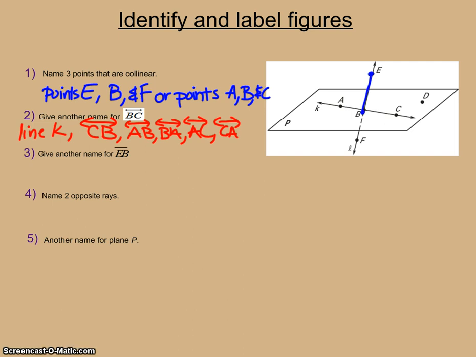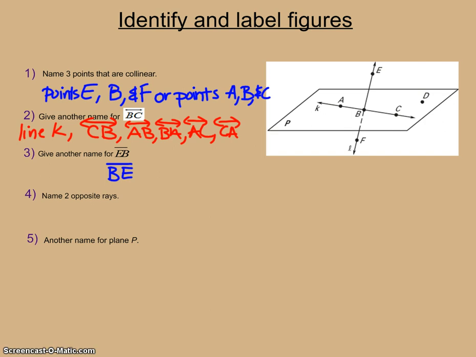It doesn't go on infinitely long. It stops at those. So the only way to rename that line segment is to flip the letters and put our line segment symbol on the top. Remember, when there's a line segment, it can't go on infinitely long, so we can't include F with the line segment EB.